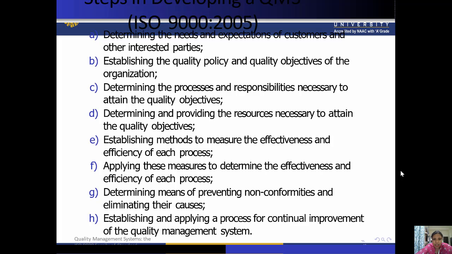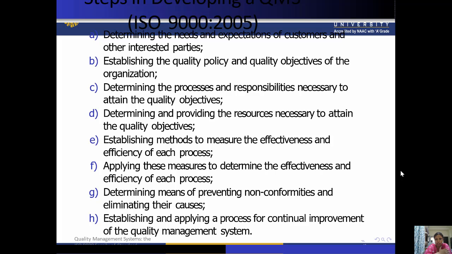Okay, next is determining and providing the resources necessary to attain the quality objectives. So that we determine the process and responsibility, and also the resources necessary to achieve this quality objective. Okay, next is establishing methods to measure the effectiveness and efficiency of each process.